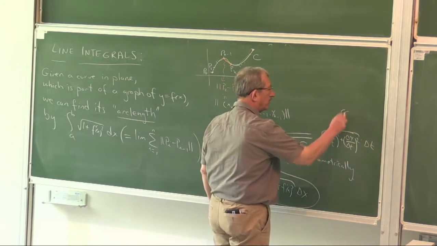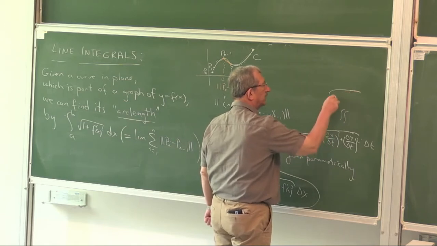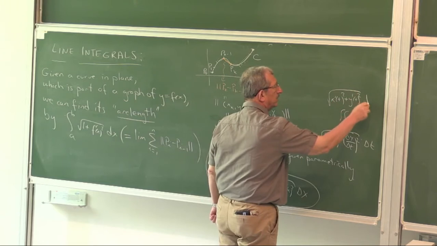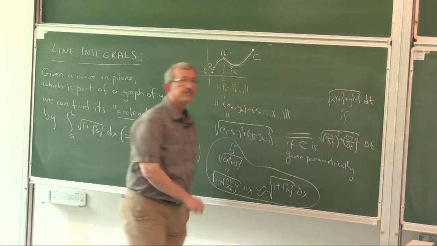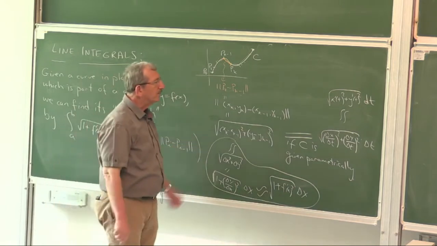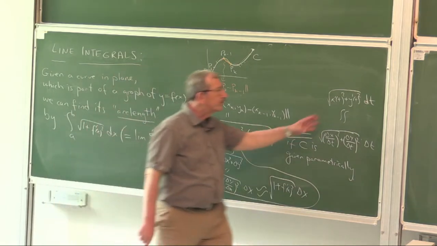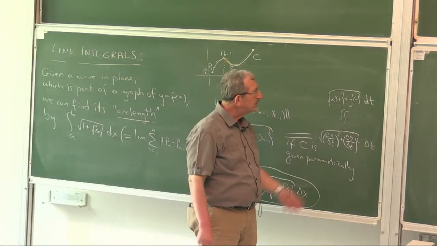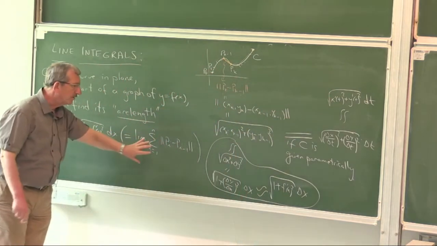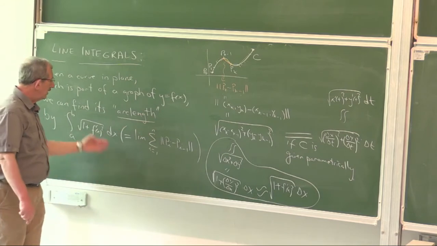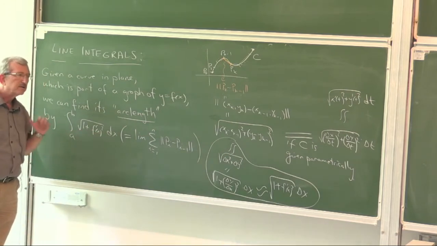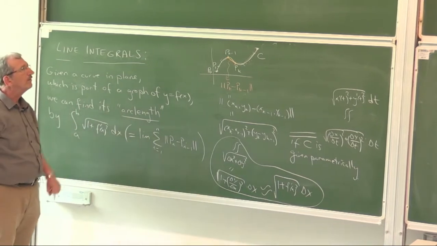Or it would look like the square root of x prime of t squared plus y prime of t squared, dt. So if parametrically given, we could use x primes and y primes and put this in our Riemann sum limit, and obtain this. Of course, this would look a little bit different, but it's the same type of calculation.